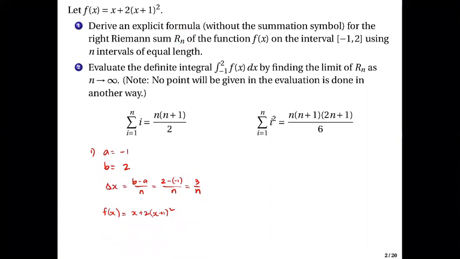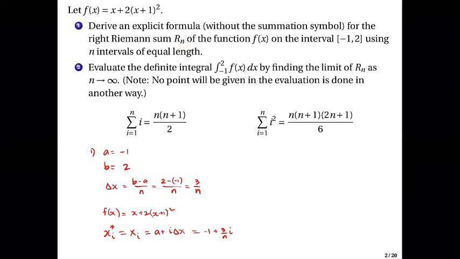Okay, so x sub i star is equal to x sub i, but x sub i is just a plus i delta x. So our a is equal to -1, and we have delta x, that's 3 over n, and then we have the i.